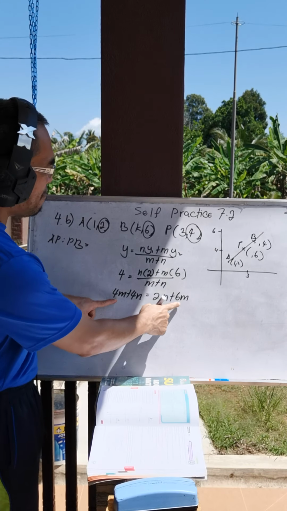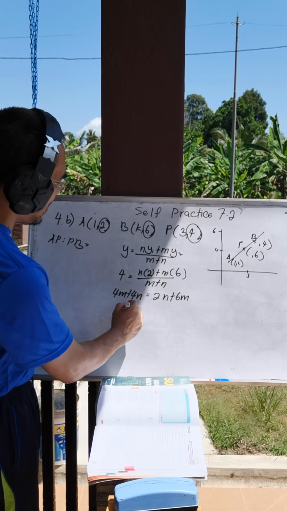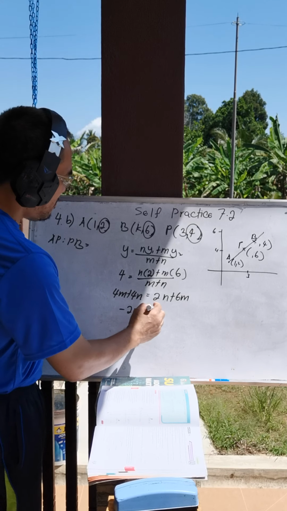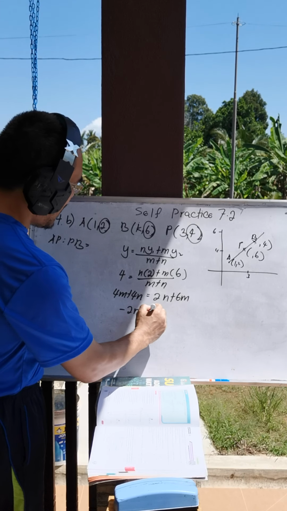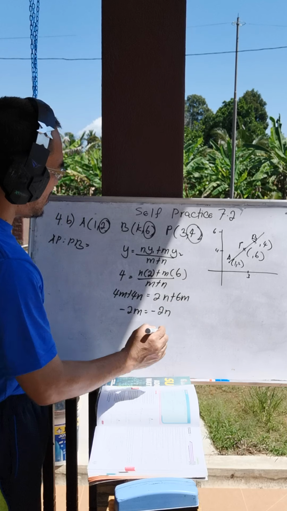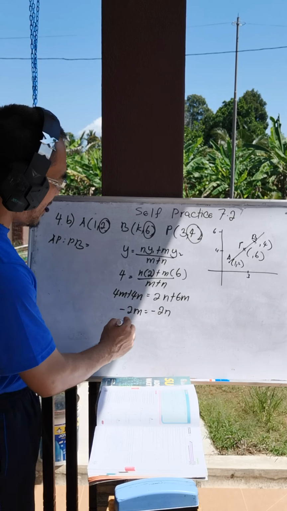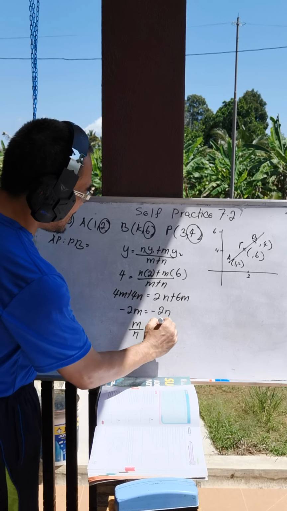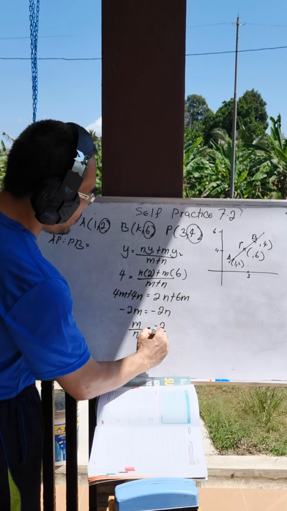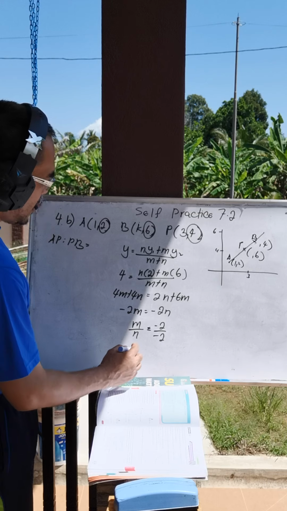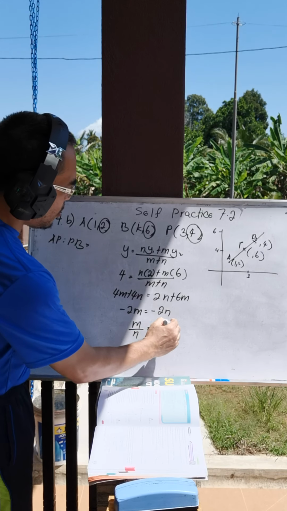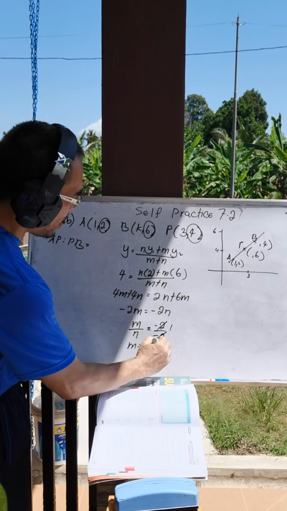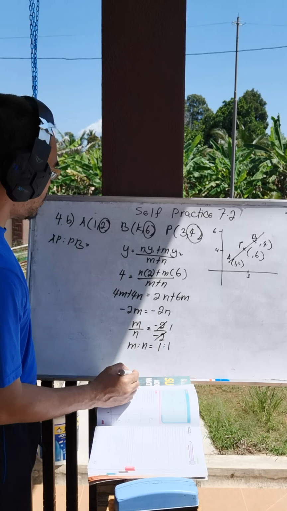So we have 4M minus 6M, which is negative 2M, and 2N minus 4N, which is negative 2N. Why is it like that? Because I prefer to write M over N. So it will be negative 2 over negative 2, in other words 1 to 1. So the ratio of M to N will be 1 to 1.